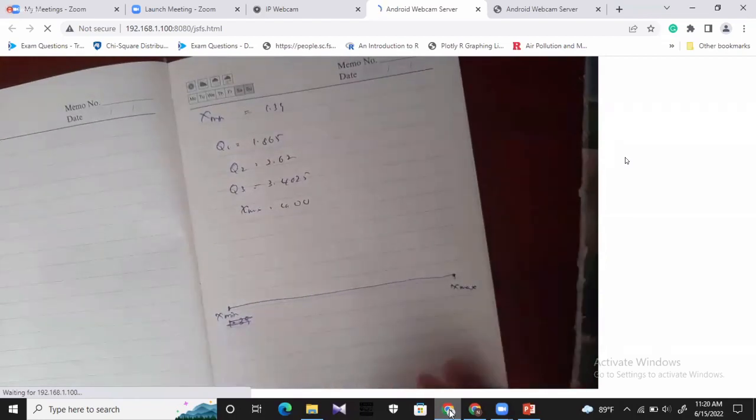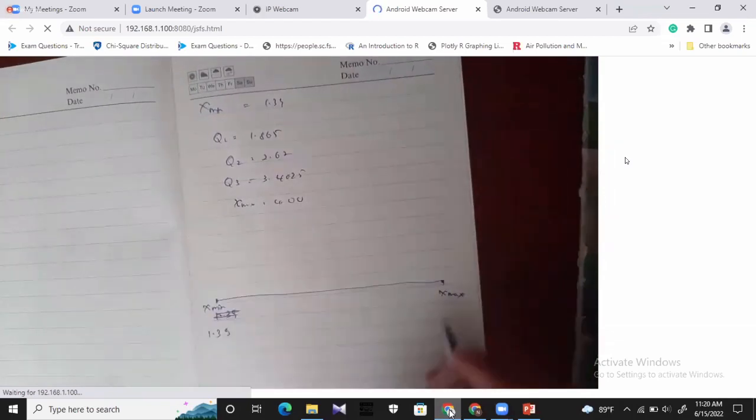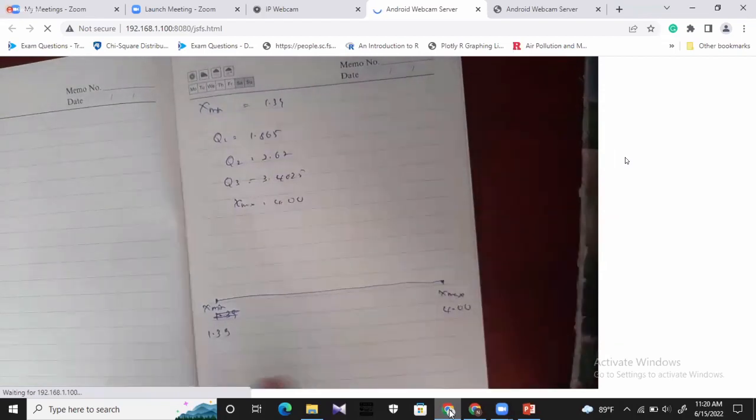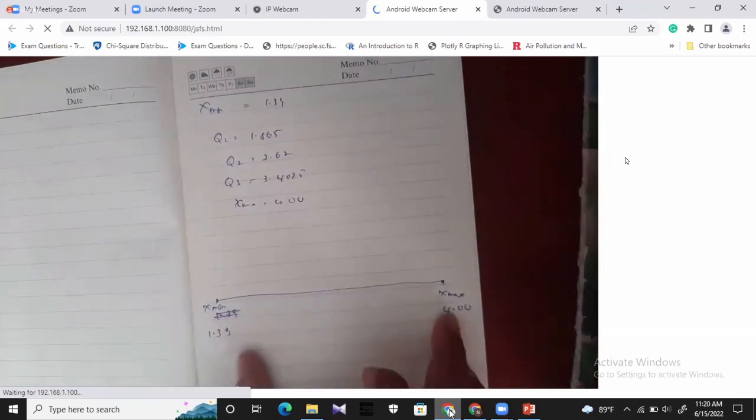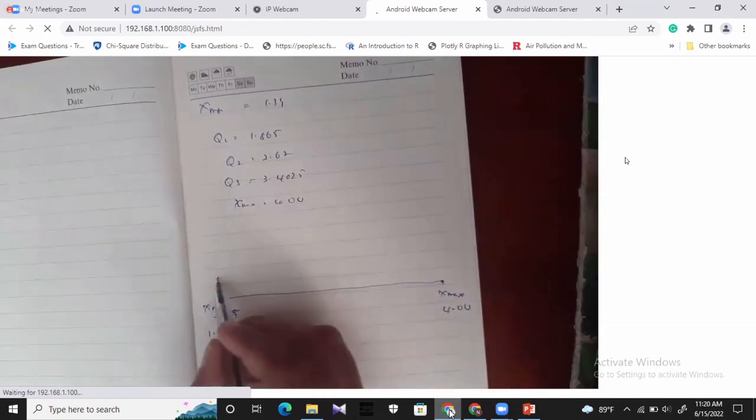The last point, x max. Or you can write it as 1.39 and 4.0. And in between these two values, definitely these Q1, Q2, Q3 should lie.